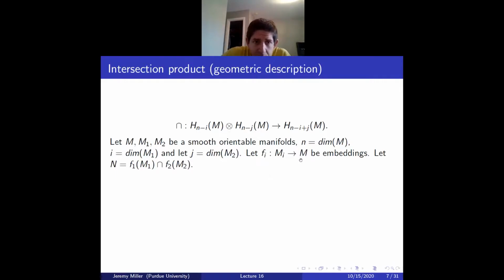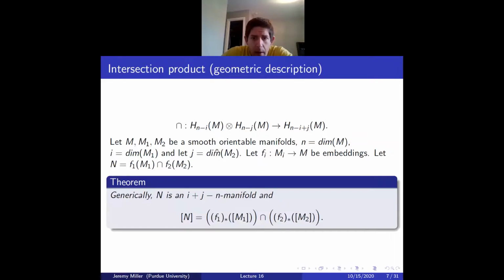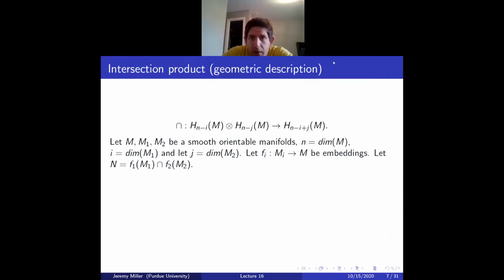Let's say everything's compact. And we're going to let N be the intersection of the images. Maybe I'll just draw a picture first.